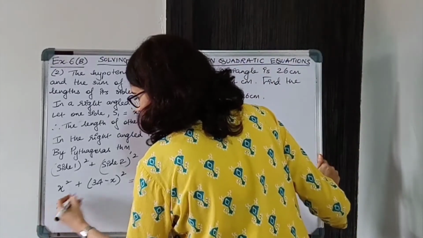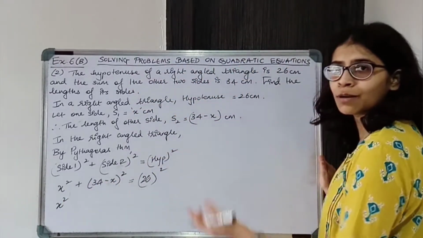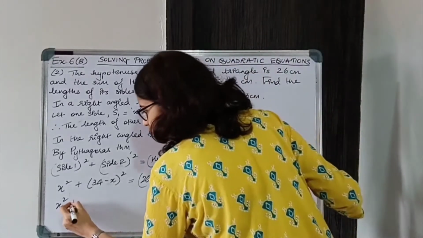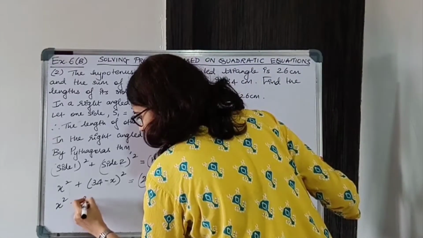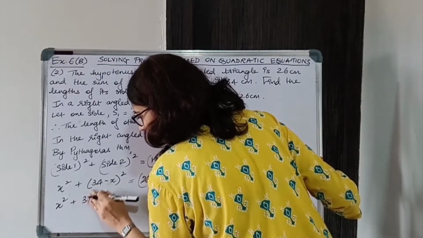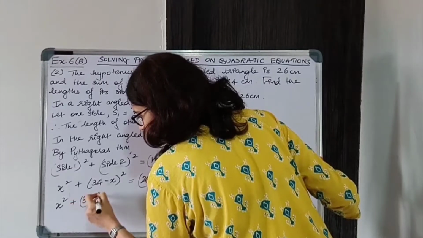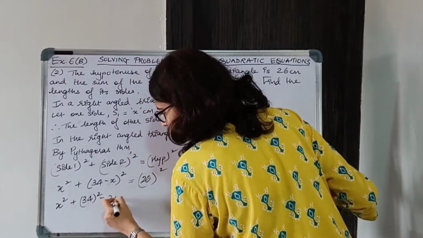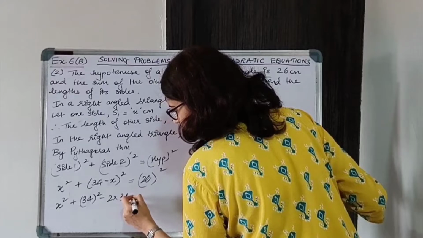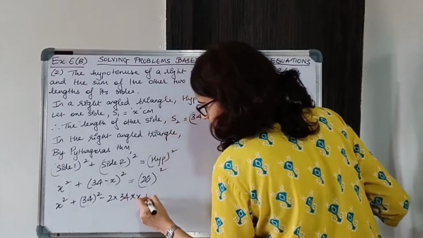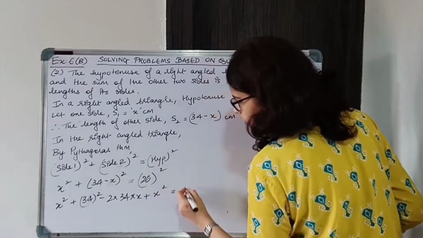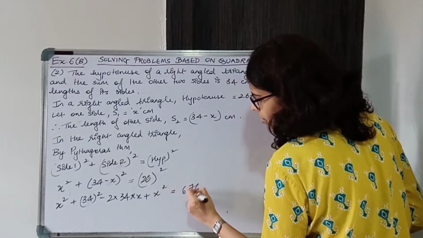Now apply the formula for a minus b the whole square. Okay, so a square, so it's 34 minus 2ab plus b square is equal to 26 square, which is 676.